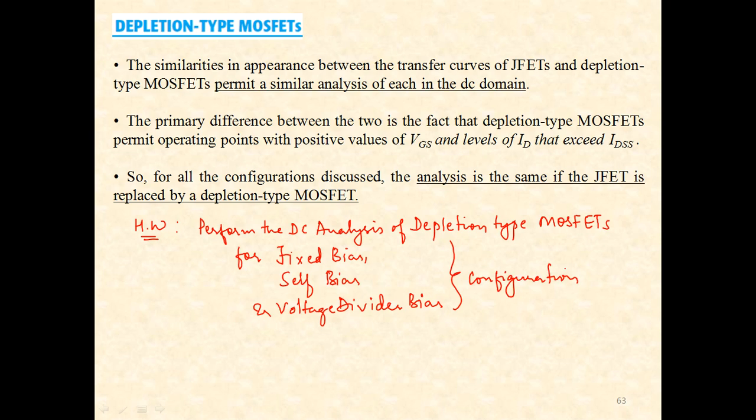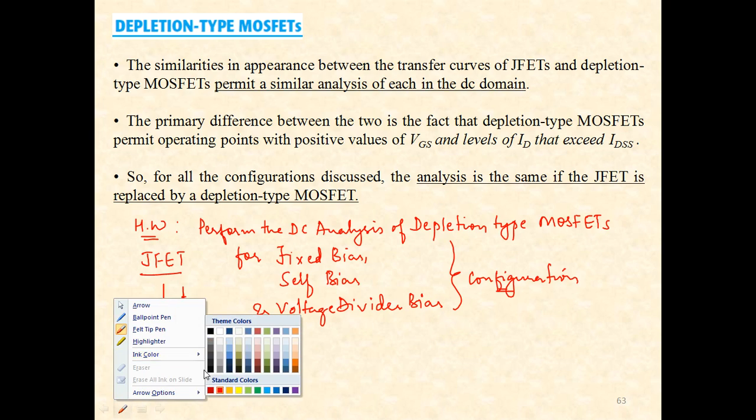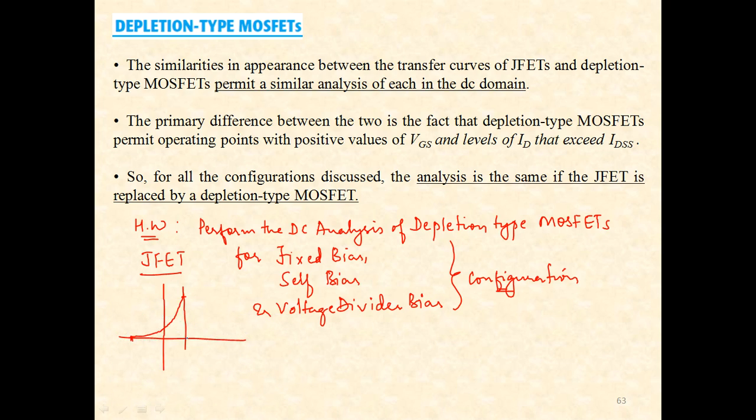However, there is an interesting point to be noted here. With respect to a JFET, I'll be drawing the transfer characteristics like this. For a fixed bias, the network solution line was like this. Then for self bias it was like this.